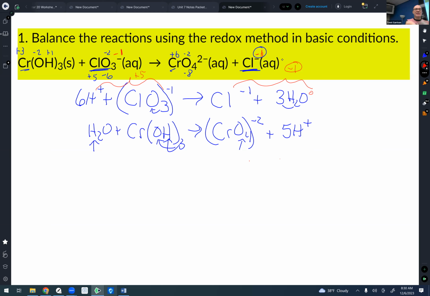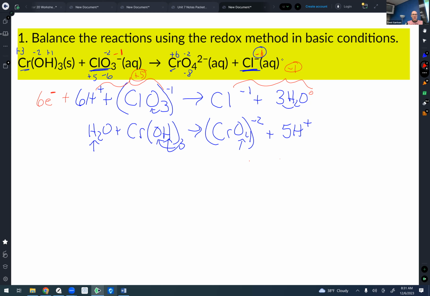So I've got to make +5 and -1 equal. So how many electrons would I need to add to make it equal to -1? Yeah, I got to add 6 electrons. Now, it doesn't always work out that the number of electrons and the number of hydrogens are equal. But in this case, that is the scenario.